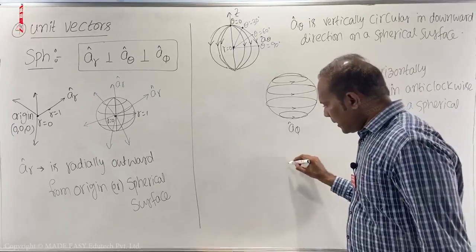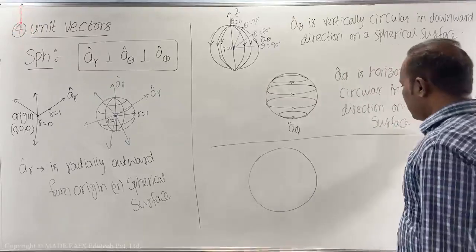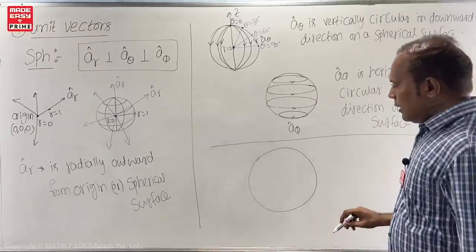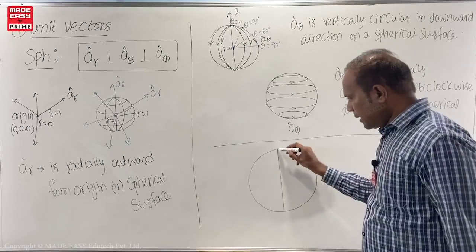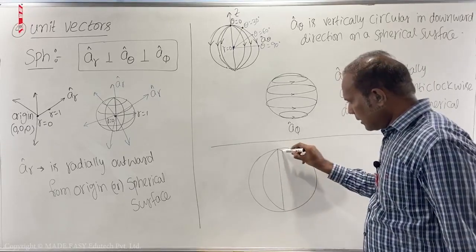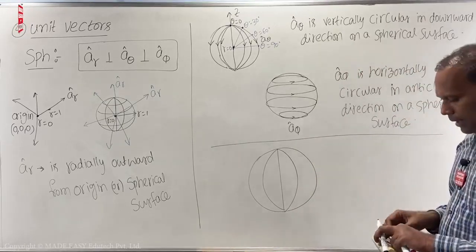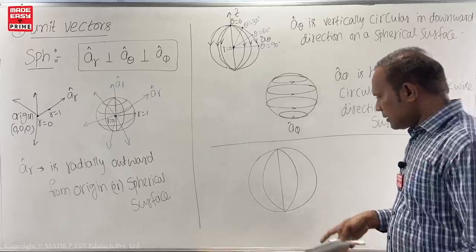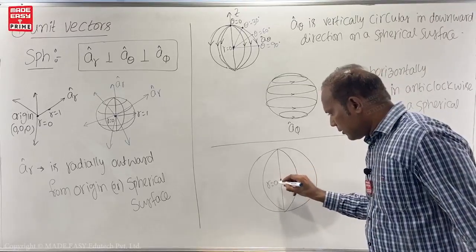Now let me draw a sphere like this. If you see carefully, this is the sphere. Okay, like this I am drawing. Now at the center, that means here, r is equal to 0.